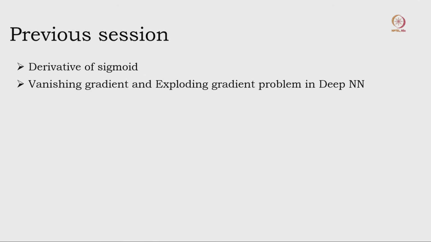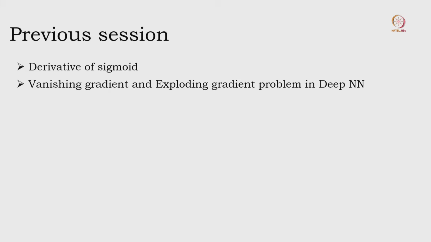In the previous session, we have seen the derivative of sigmoid, and then we had seen the vanishing and exploding gradient problem in a deep neural network. We had seen in general what exactly the vanishing problem and exploding problem are.